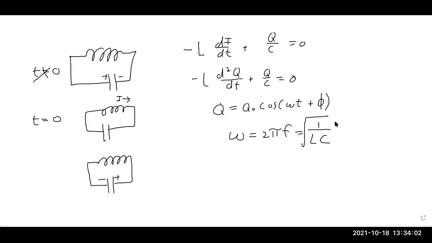So if there's a very, very large inductance, the current persists longer. And if there's a very, very large capacitance, it takes longer to build up a significant potential across the capacitor. So both a high inductance and a high capacitance tend to slow down the oscillations.